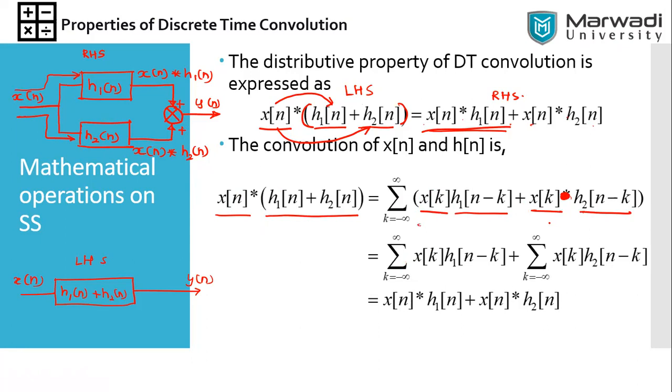And then you can individually take the summation: k equals minus infinity to infinity x of k h1 of n minus k plus this one. So ultimately you can prove this also. This is the graphical demonstration of the distributive property, and this is the mathematical proof.